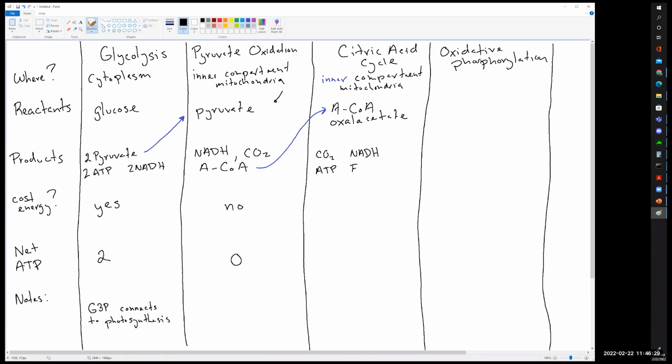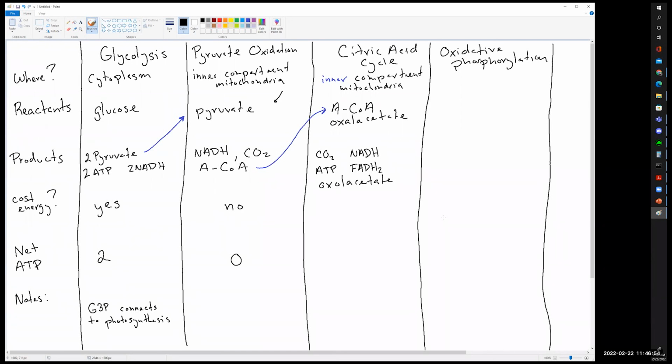We're going to make some FADH2. Yep. And one last thing. That's right. We're going to remake oxalacetate.